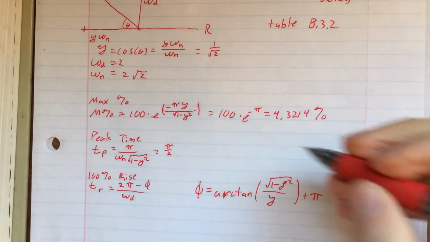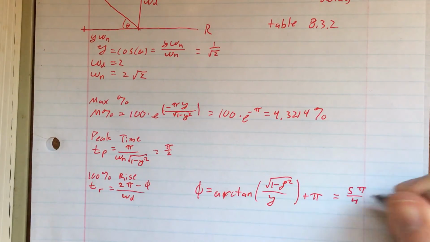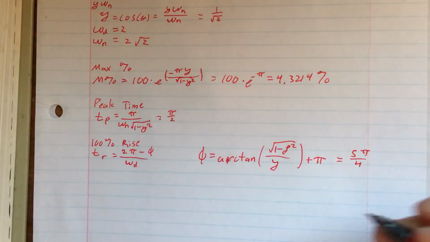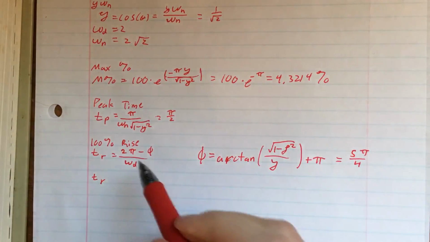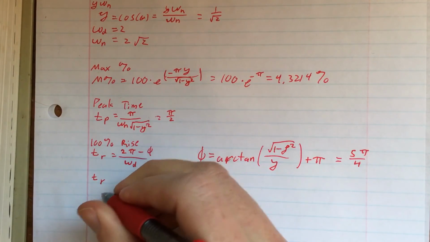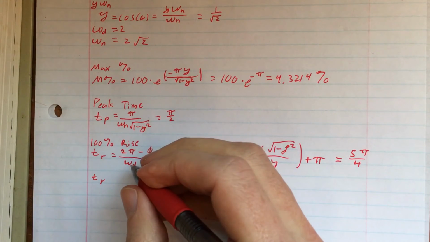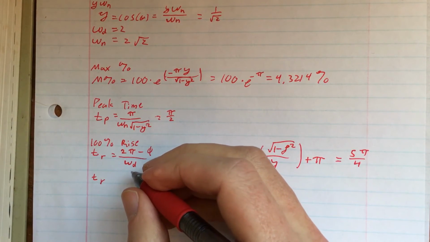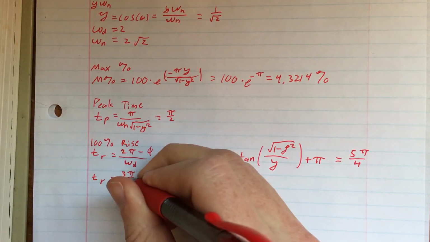So just plugging in the numbers from above gives us 5 pi over 4. So then using this as phi and the numbers from above, we are given the rise time to be 3 pi over 8.